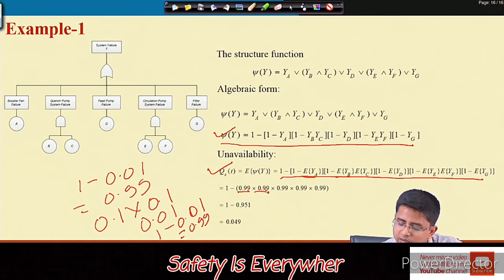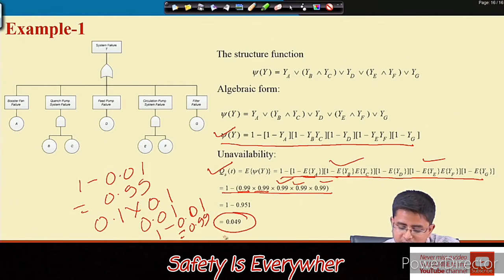Again 0.99 for this value, then 1 minus yd is 0.99. Similarly, we have calculated all the things. After calculating, we have got that the unavailability is 0.049. In this way we can calculate unavailability from the structure function approach, and for that we need to know that the probability is nothing but the expected value of the basic events.